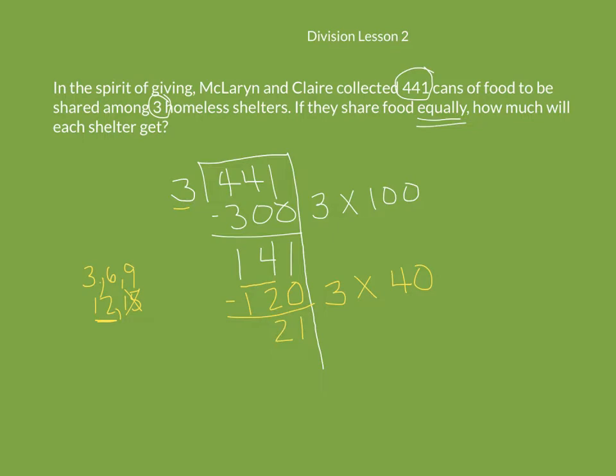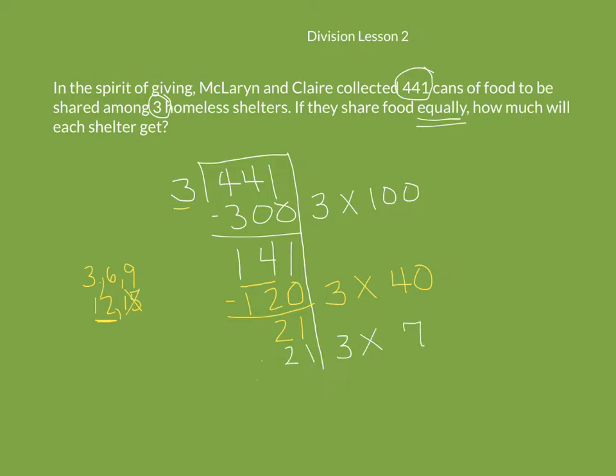So now I have this 21 left over, 21 cans of food that I still need to split between the 3 groups. And I know that's a multiplication fact. I know 3 times 7 is equal to 21.